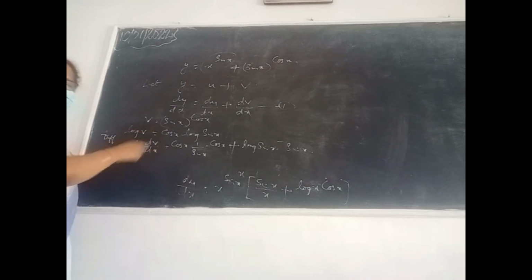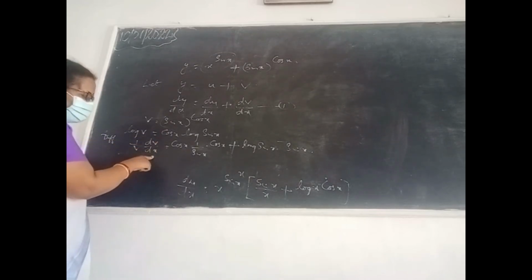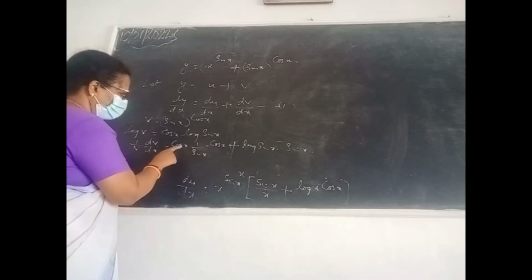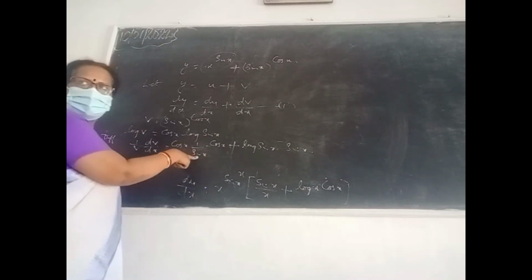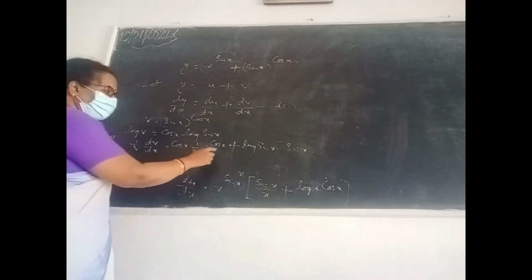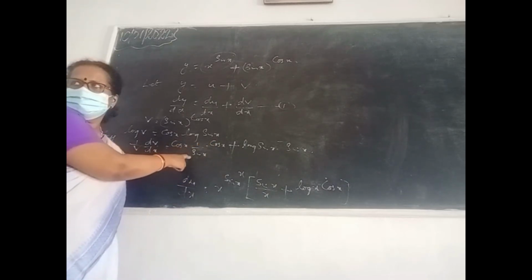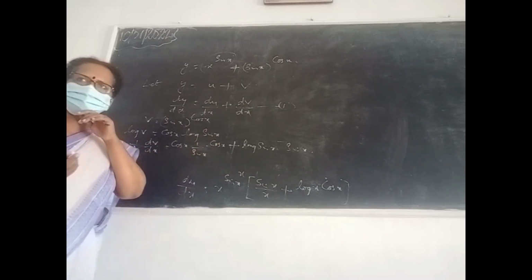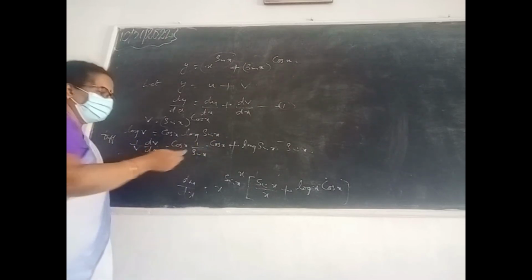So what is dv by dx? You write dv by dx is v into, this term we can simplify. Cos x by sin x is cot x, and one more cos x will come there, so it is cos x cot x. This term can also be written as cos square x by sin x, both are correct.